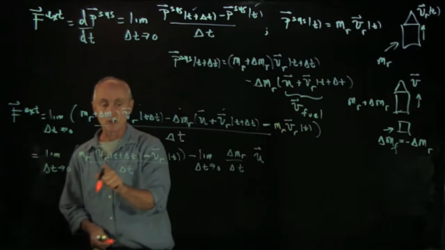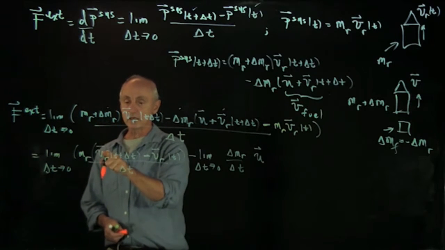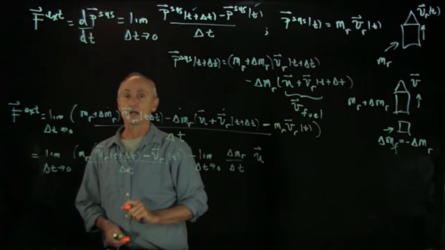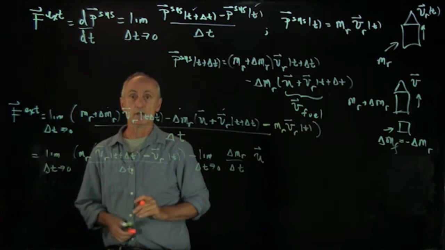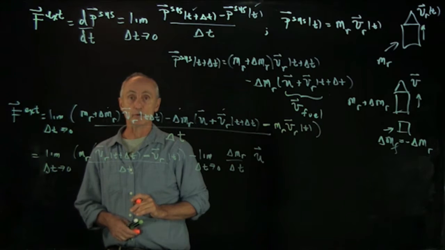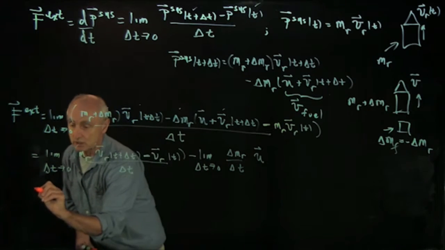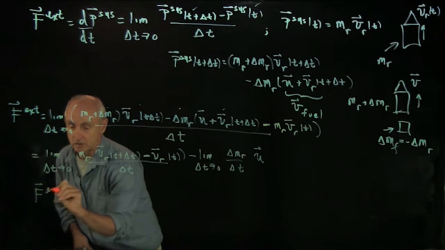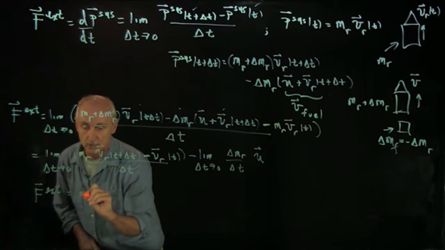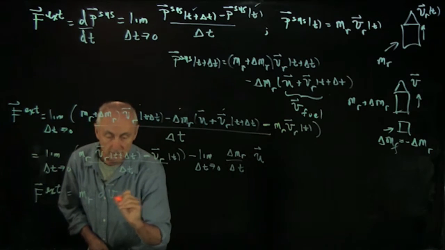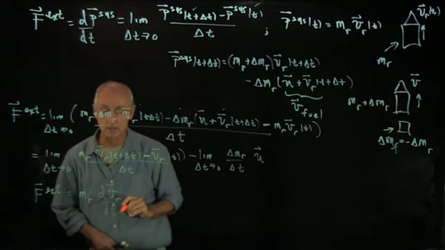Let's look at these limits. Notice in here, we're just taking v of r of t plus delta t minus v of r of t divided by delta t, and that's precisely the definition of the derivative of the velocity of the rocket. So this first term becomes the external force is equal to the mass of our system times the derivative of the velocity of the rocket.